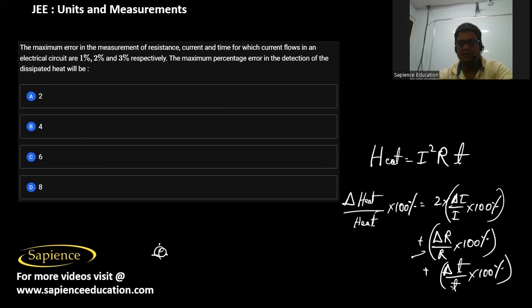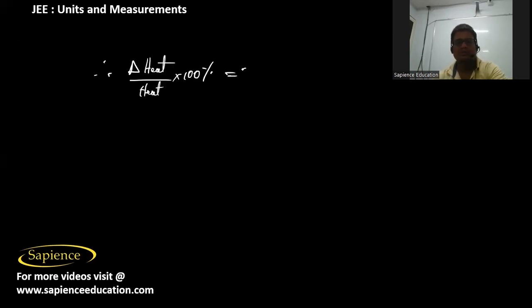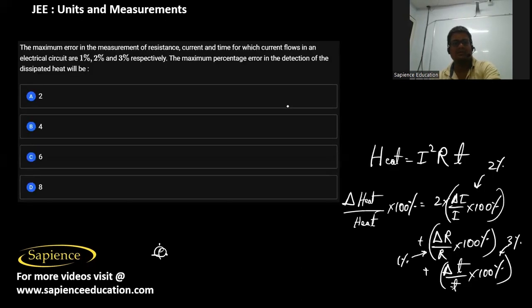So this value is 1%, this value is for current, that is 2%, this value is 3%. So it is 2 into 2% plus 1% plus 1% plus 3%. It is 4 plus 4, that is 8%. So option D is the correct answer.